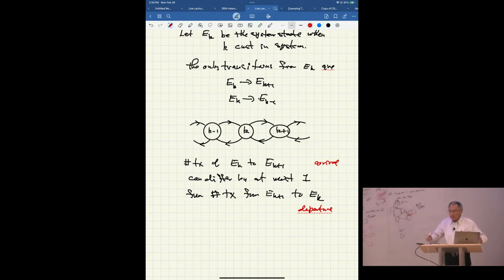Now, after a long period of time, okay, the number of ups is approximately equal to the number down. Differs by at most 1. If I had 1,000,000 transitions, the number up minus the number down can be at most 1.